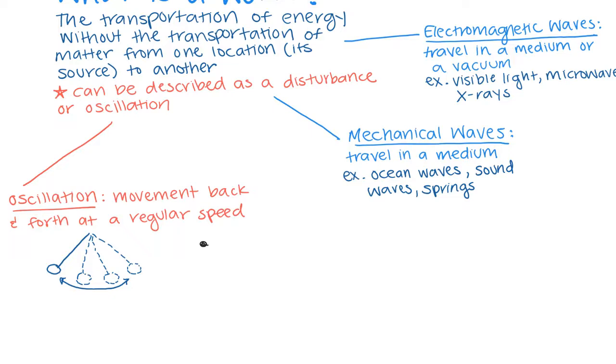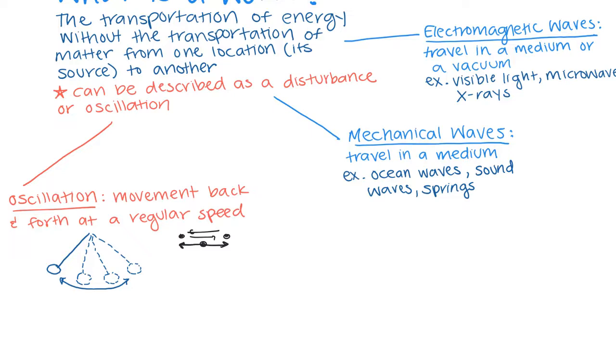You might have oscillatory motion just of a particle in a wave moving back and forth. So that particle would move over here, and then it'd move over here, and then back over here. That's another example of oscillatory motion. So we are going to talk about what that means in the context of waves in this video. But all it really is is movement back and forth at a regular speed.